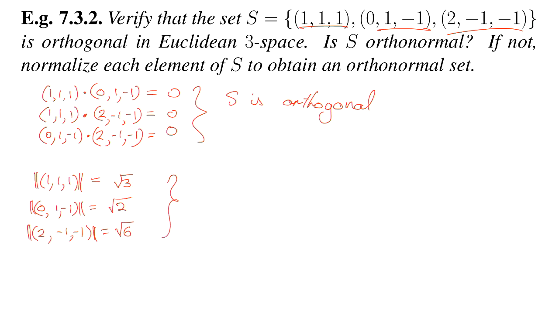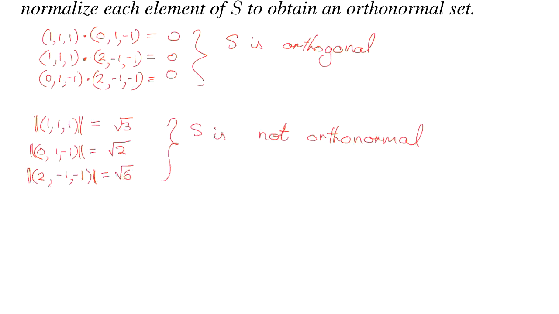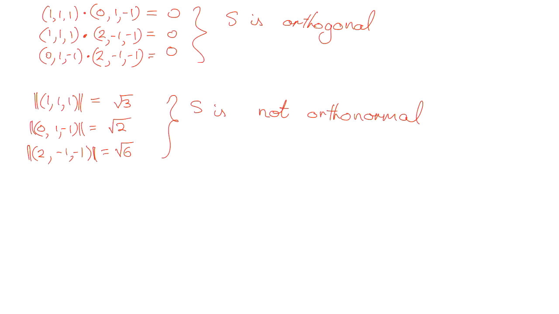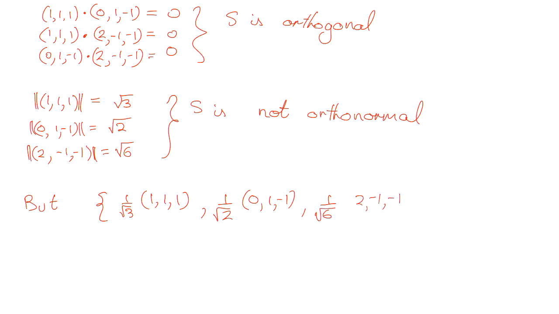So S is not orthonormal. But it's very easy to make an orthonormal set out of S by just dividing everybody in S by their length. So if we take 1 on root 3 times (1, 1, 1), and 1 on root 2 times (0, 1, minus 1), and 1 on root 6 times (2, minus 1, minus 1), we've got an orthonormal set.